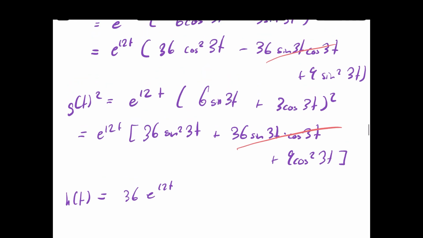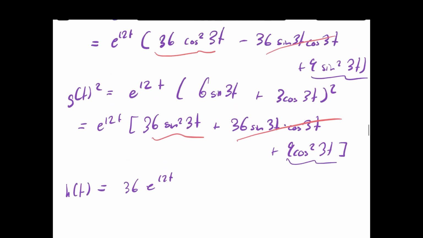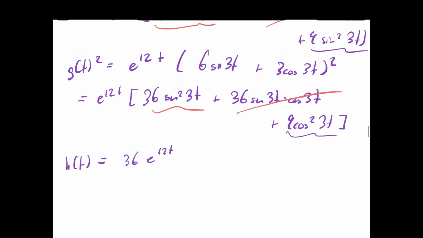Now, when I add this component and likewise this component and this component, I can just factor out the 9, right? And I'll have sine squared, cos squared, 3t, respectively.